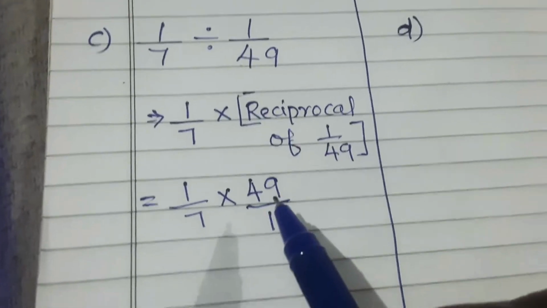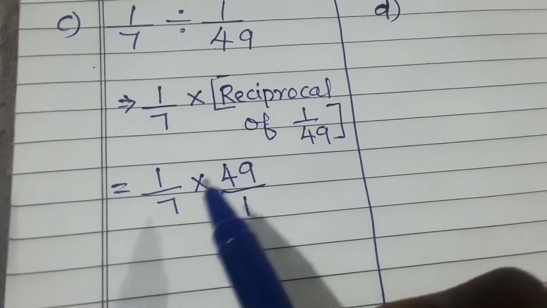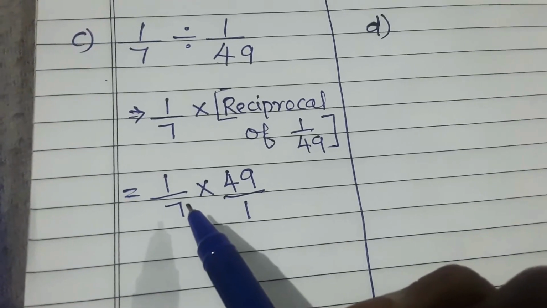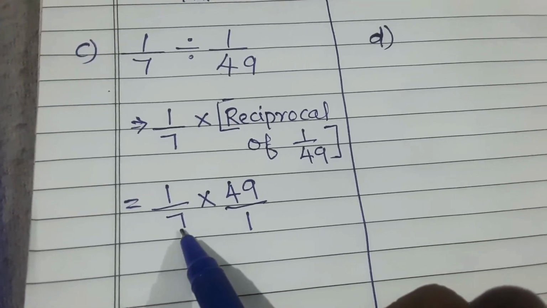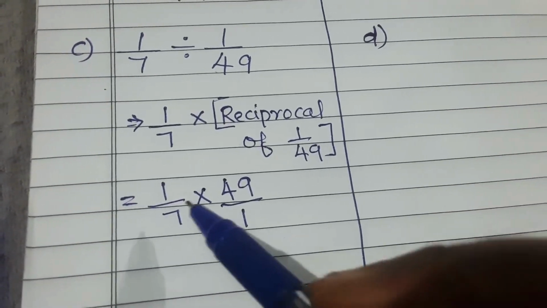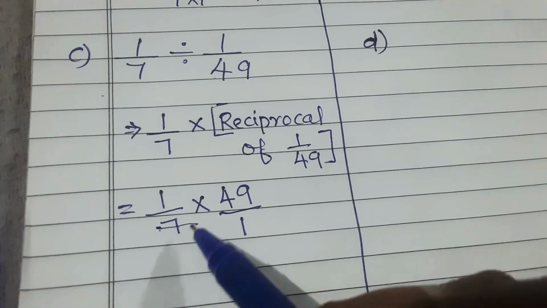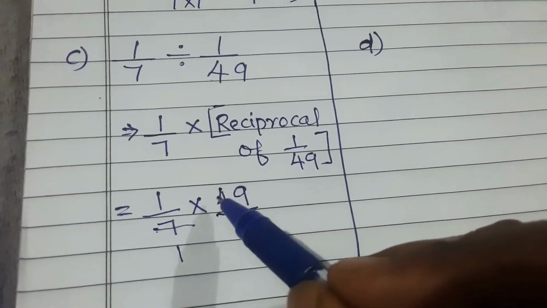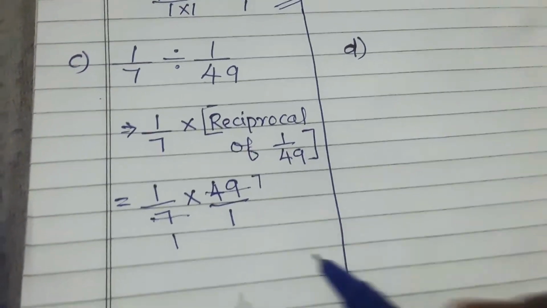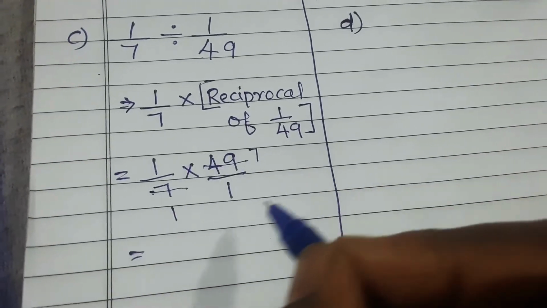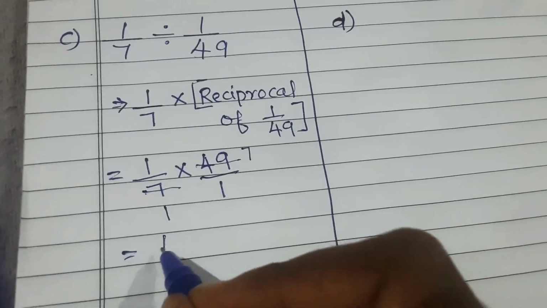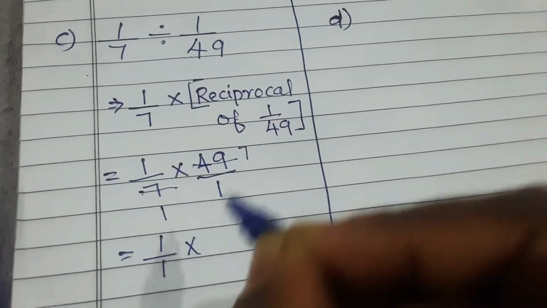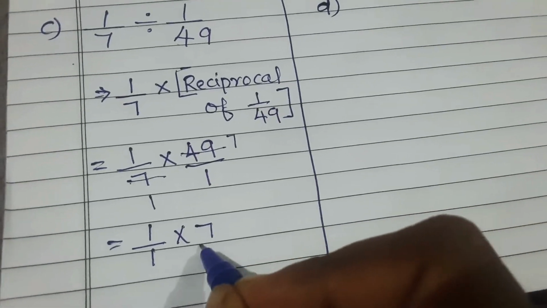Okay, now look here, it is on numerator and denominator. So here you can cancel. 7 and 49 are there in the table of 7, isn't it, children? So cancel it. 1 7 is 7 and 7 sevens are 49. Now our first fraction becomes 1 by 1 into, here it becomes 7 by 1.